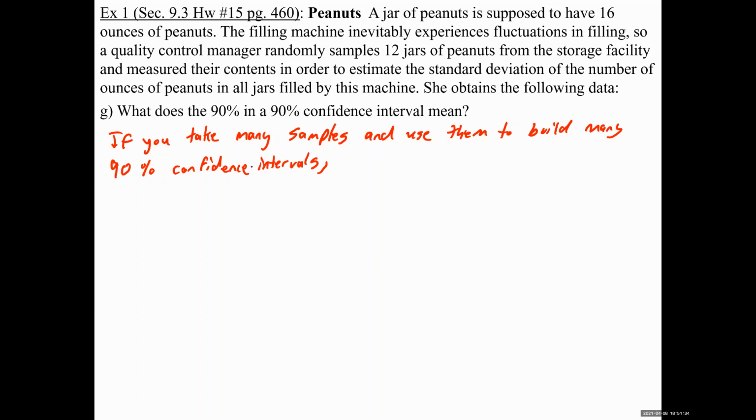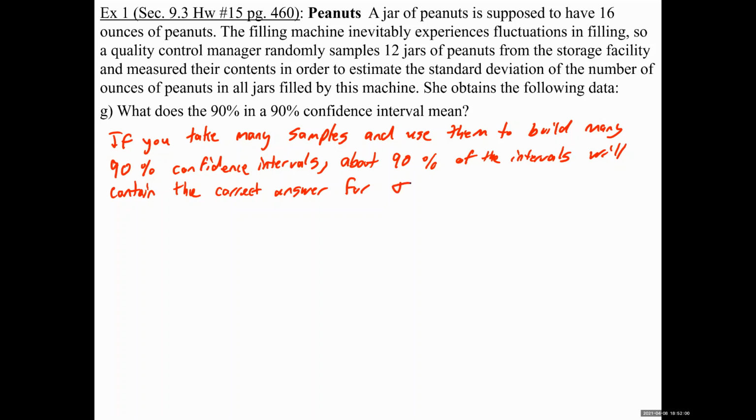Then what's going to happen is about 90% of those intervals. Please don't write 90% of the time, about 90% of the intervals will contain the correct answer, or sigma.